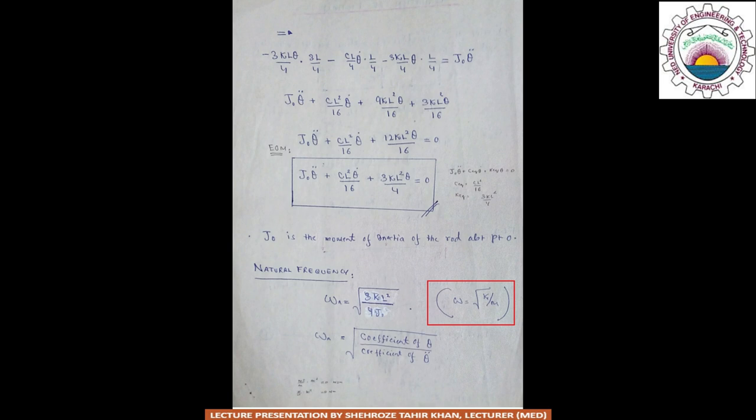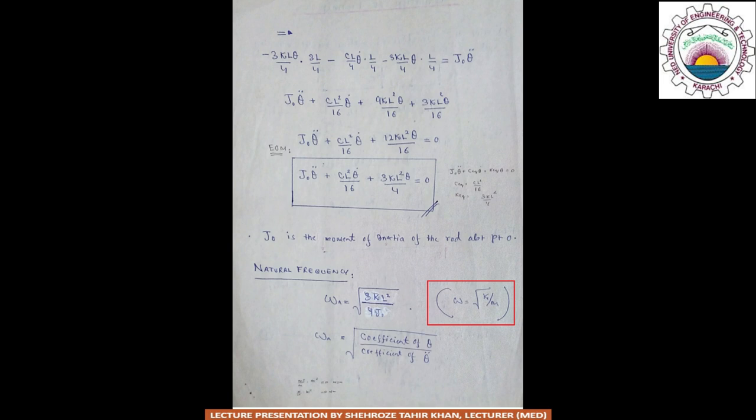And in order to find the natural frequency of such a system, all we have to do is substitute the value of the system stiffness and its inertial element, which may be found from the equation of motion of the given system.